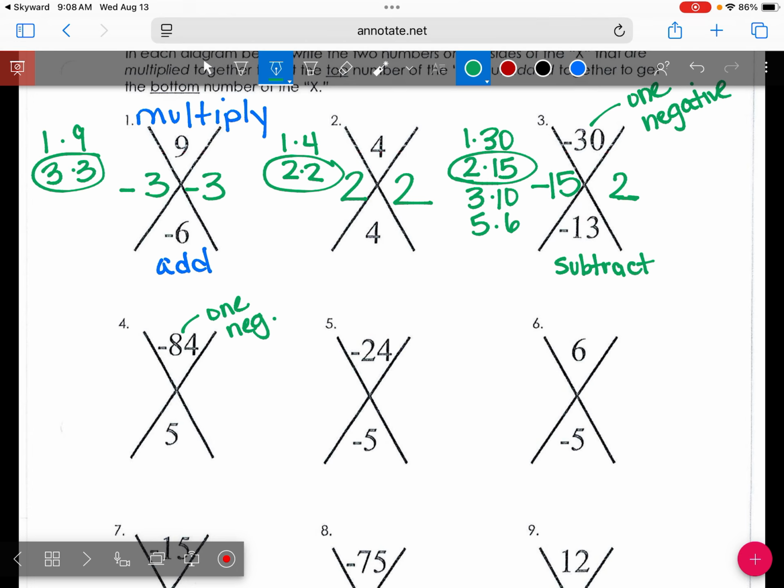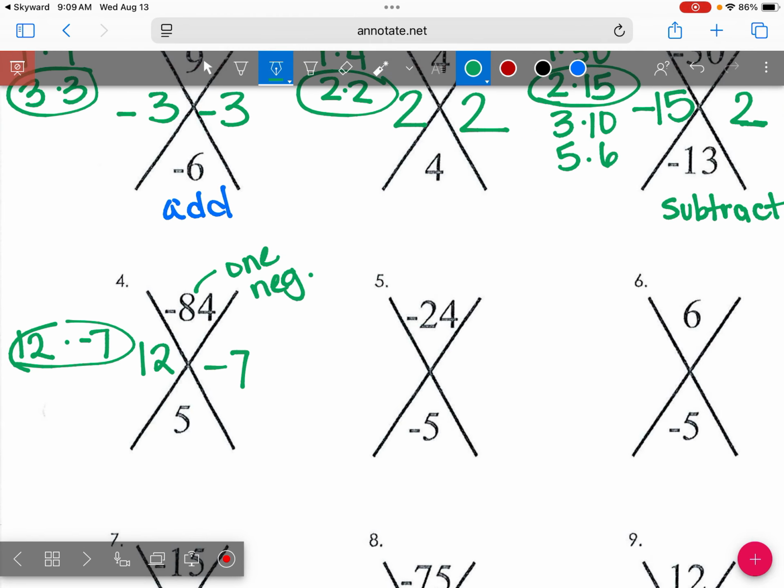Aiden, what'd you come up with? 12 and negative 7. Let's see if he's right. Go ahead with your calculator. When you multiply 12 and negative 7, do you get negative 84? All right. And then when you add them, we get the positive 5. Good job.